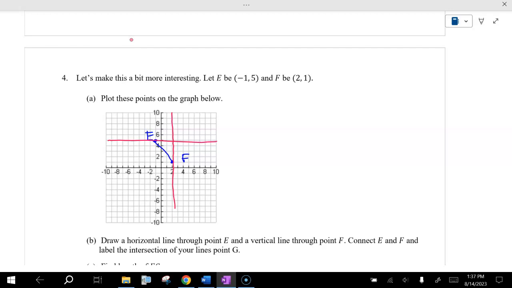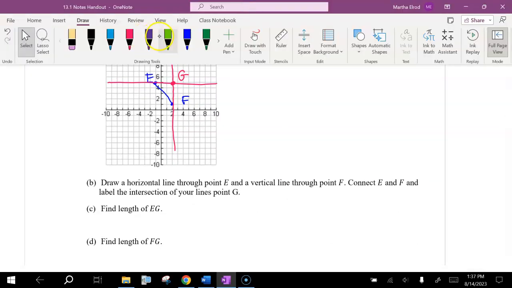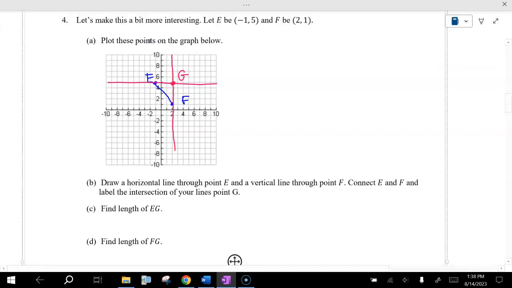They say to connect those vertical and horizontal lines at the intersection, which they call point G. So if we look here on our graph, they first say find the length of EG. So EG, which is right here, if we just count across, we see that it has a length of 3.